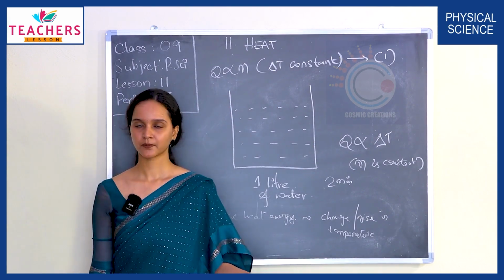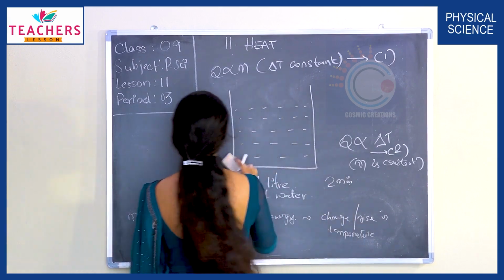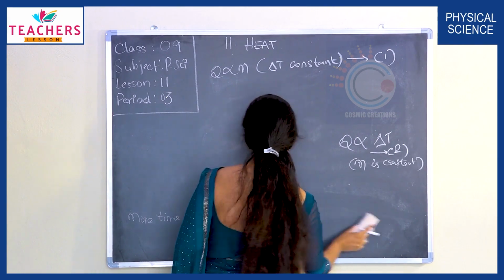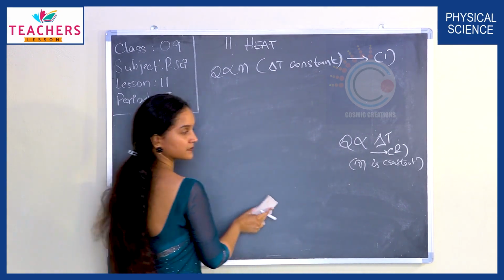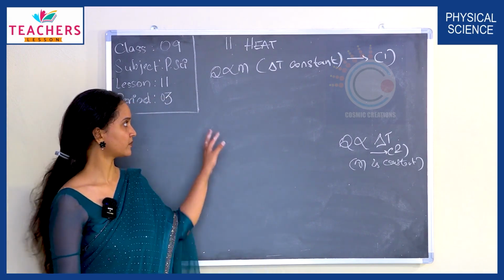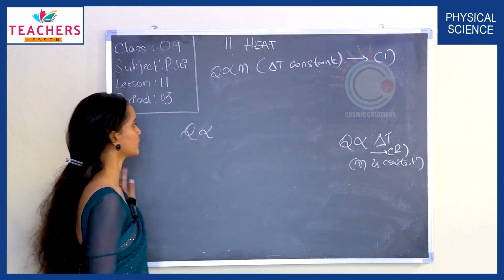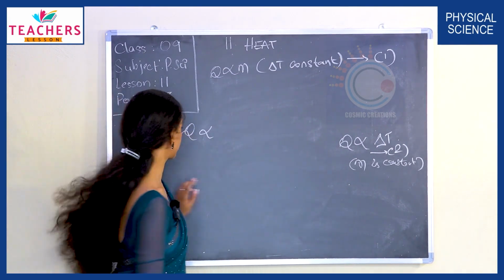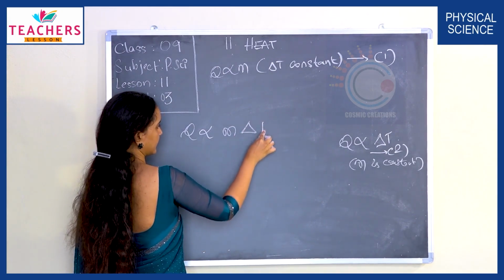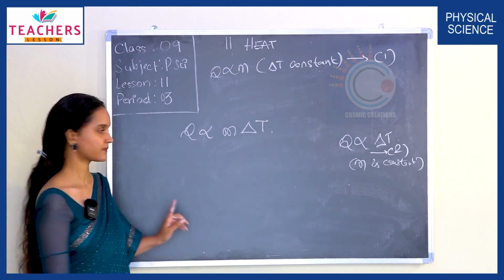Any questions? Okay, we consider this as equation number 2. Now, from both these equations, we have Q proportional to M and Q proportional to delta T. So, can I write this as Q is proportional to M delta T, right? Let's equate this.